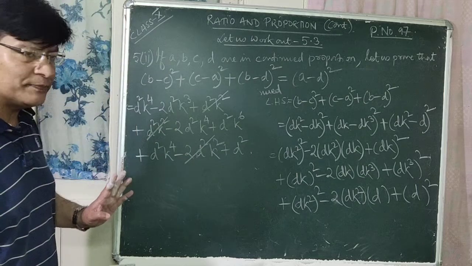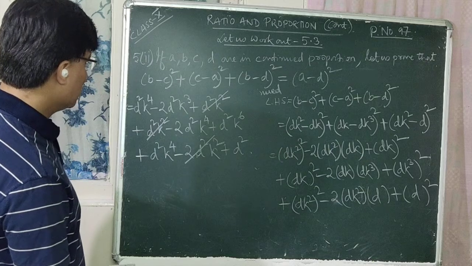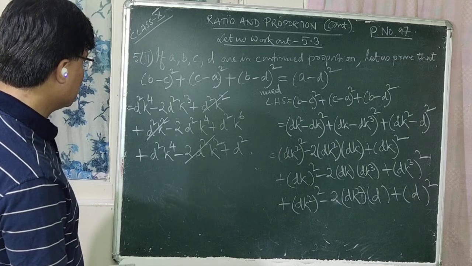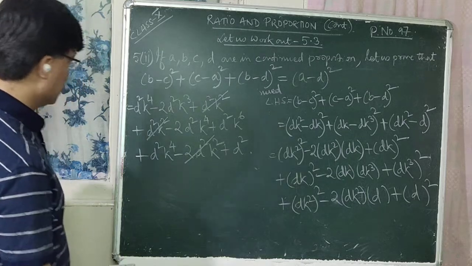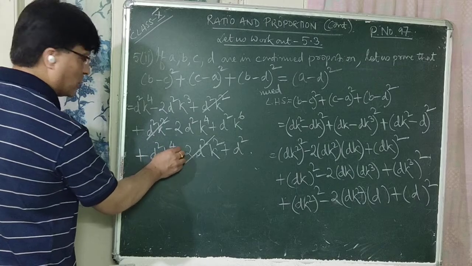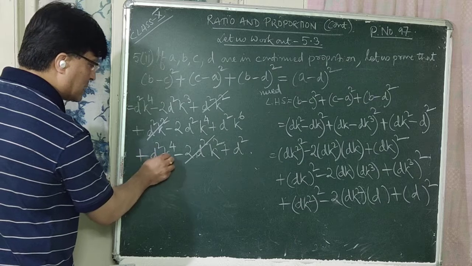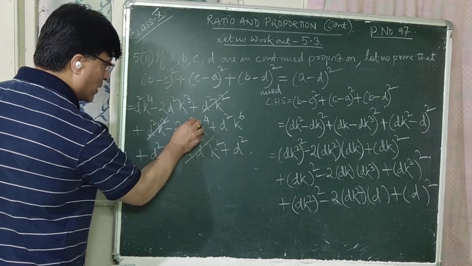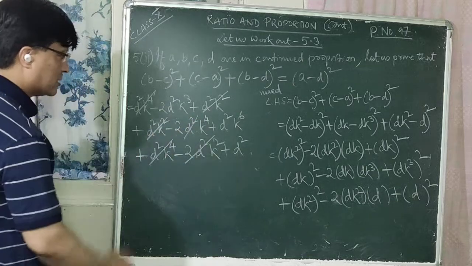Is that clear now? So next one. Is there any term that you can cancel in this simplification? Yes. This d²k⁴ plus d²k⁴ is 2d²k⁴, isn't it? You can cancel it with minus 2d²k⁴. So it is cancelled.